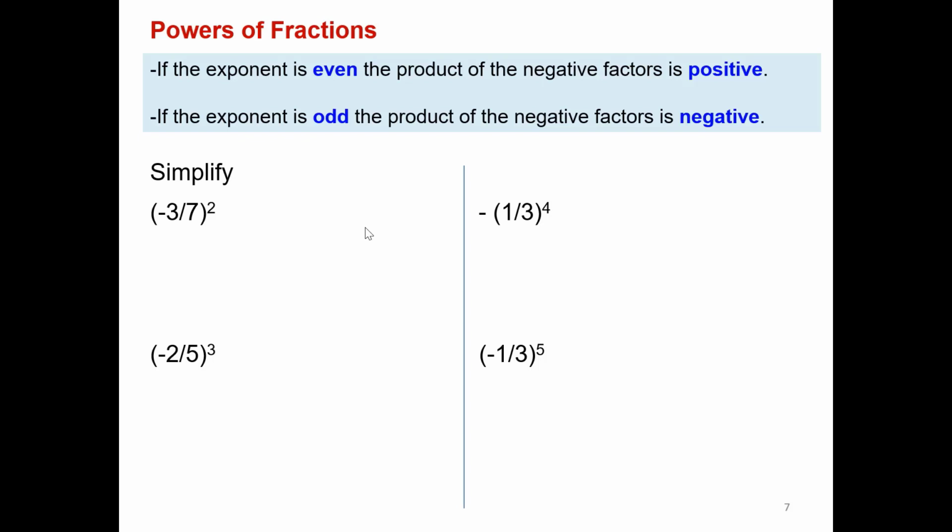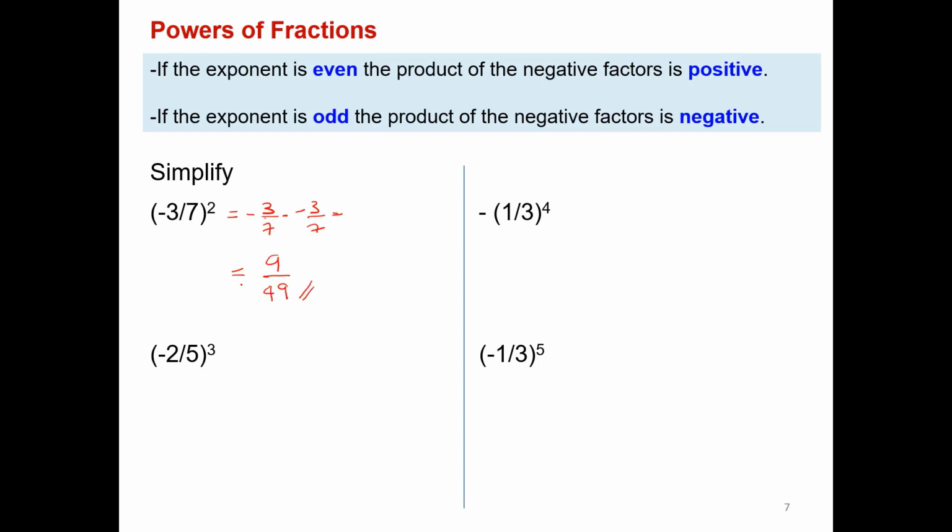Let's check these two rules when we solve these problems. If we have negative 3/7 to the second power, the base is negative 3/7, so we can write this as negative 3/7 times negative 3/7. Negative times negative is positive. We multiply the fractions, numerator with numerator: 3 times 3 is 9, 7 times 7 is 49.